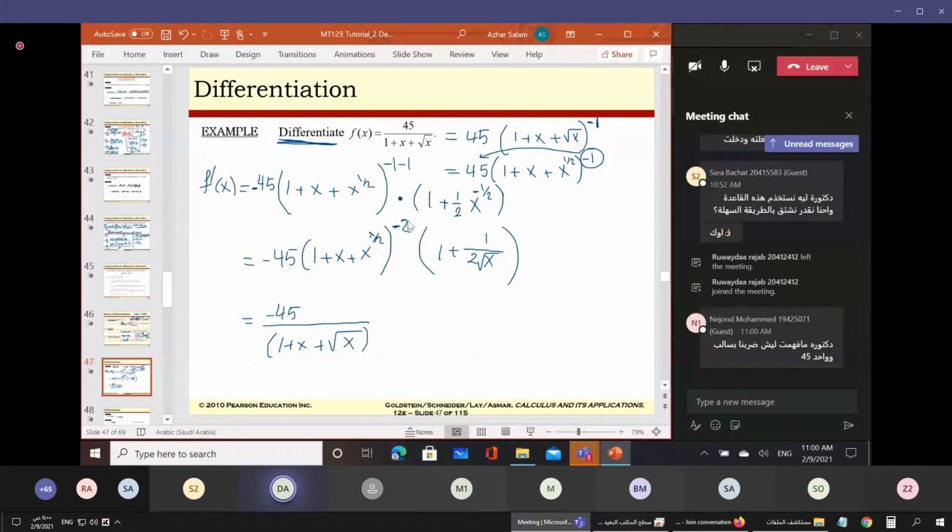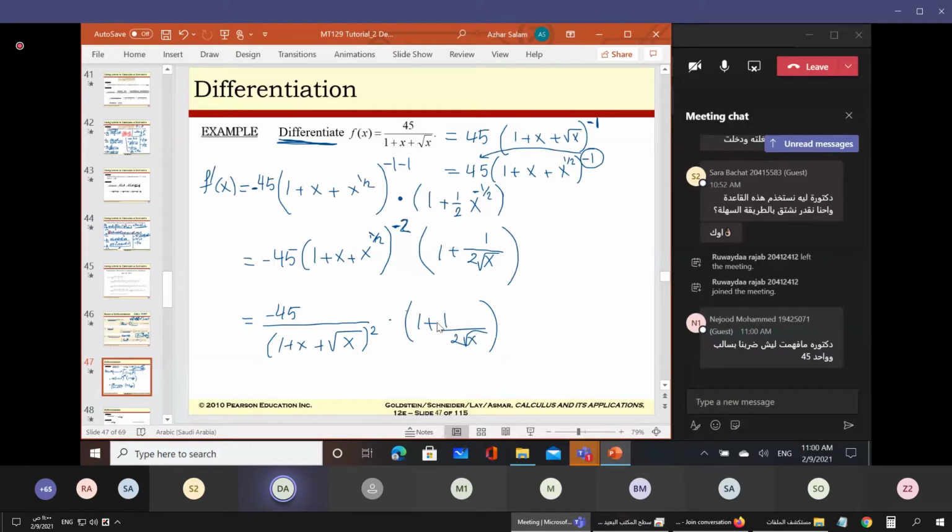Power minus 2, take it to the bottom, and 2 will stay here. This is multiplied by 1 over 1 plus, sorry, here 1 multiplied by 1 plus 1 over 2 square root of x.